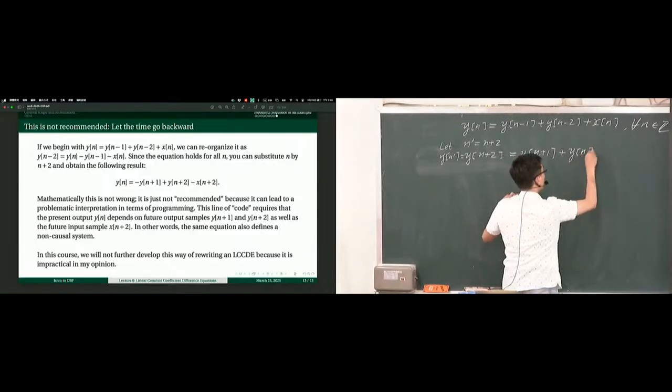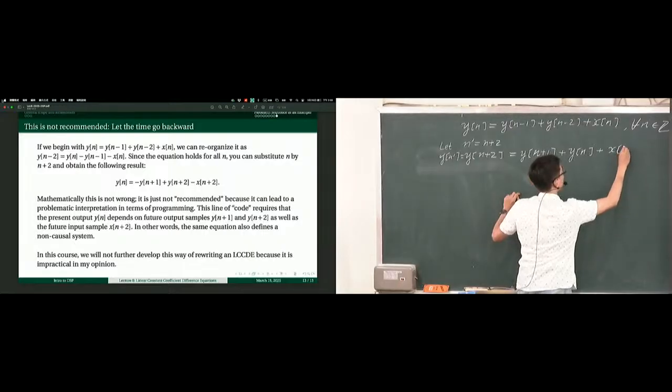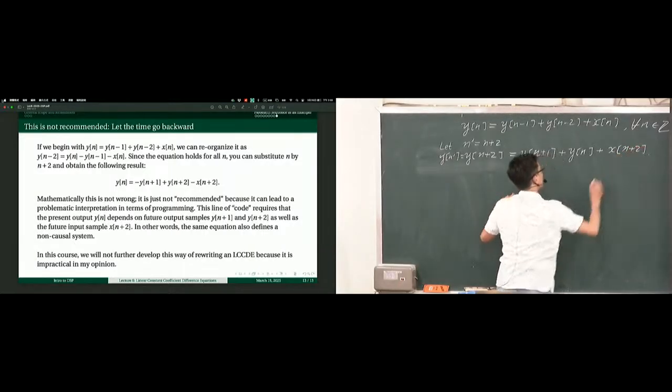This is really strange. Now x of n prime is x of n plus 2.